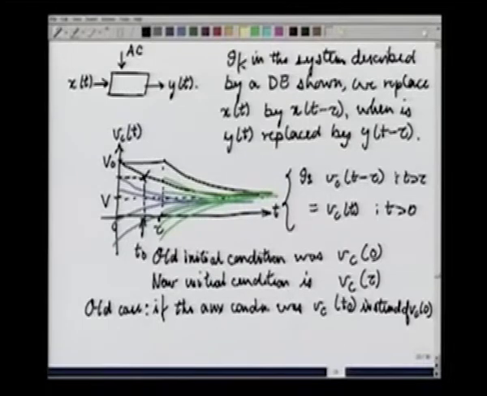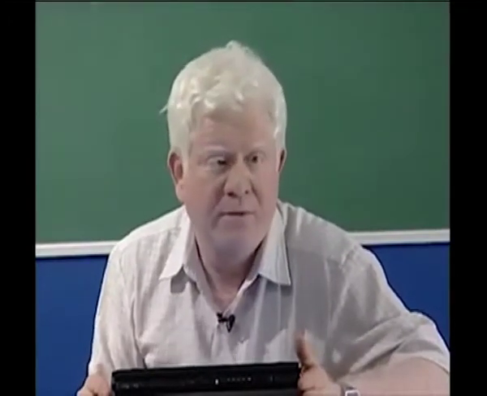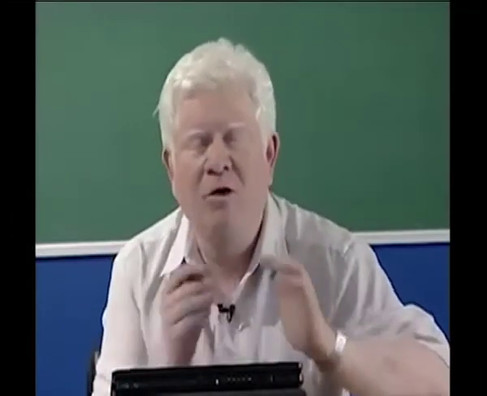Because we have already said that there is nothing sacred about t equal to 0. You could specify the auxiliary condition anywhere along the curve you like, and therefore t0 is a perfectly valid place to specify the auxiliary condition instead of 0. All that within the old case.